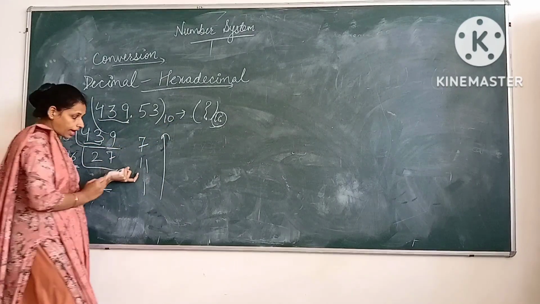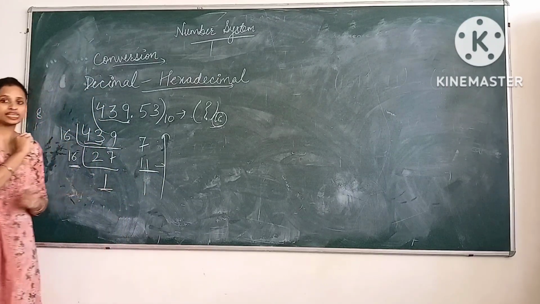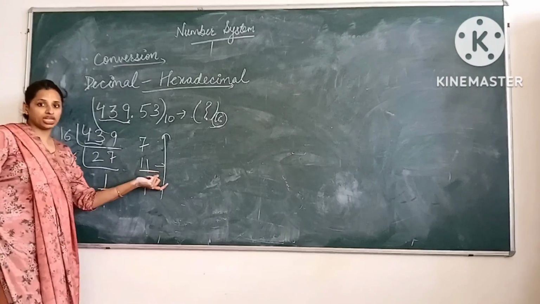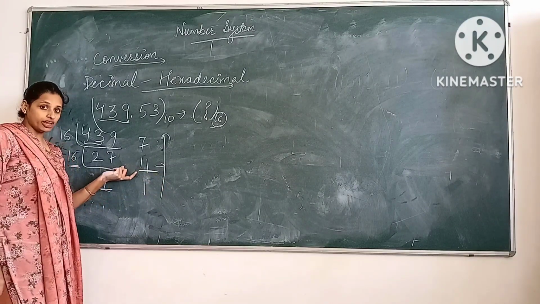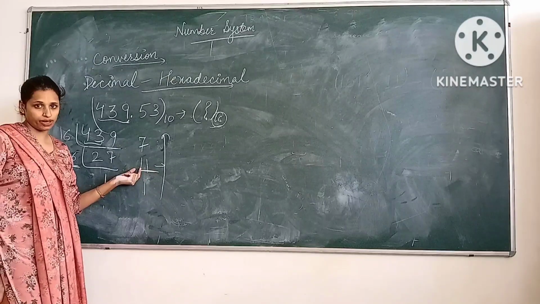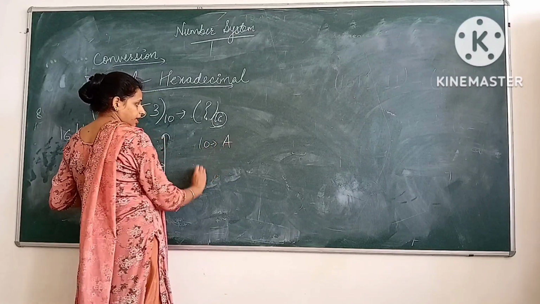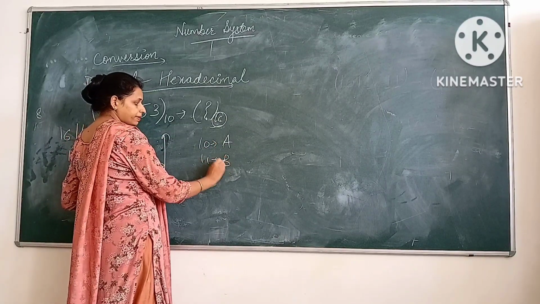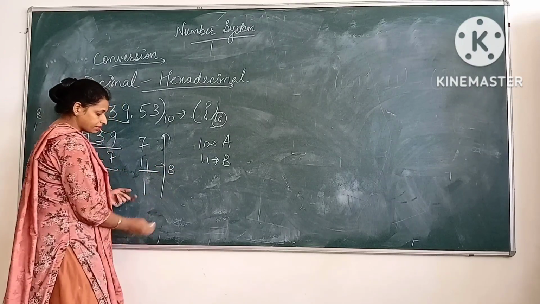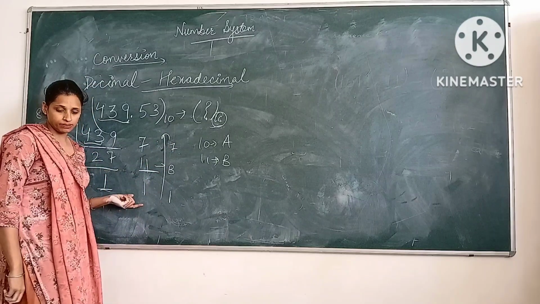And I have already told you that in the hexadecimal number system, values from 10 to 15 are represented by alphabets. 10 is A, 11 is B. So this 11 is B. That means our answer is 1B7.